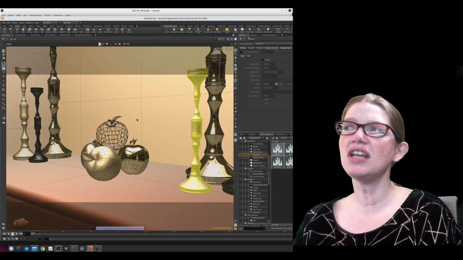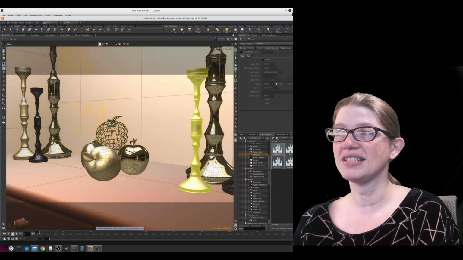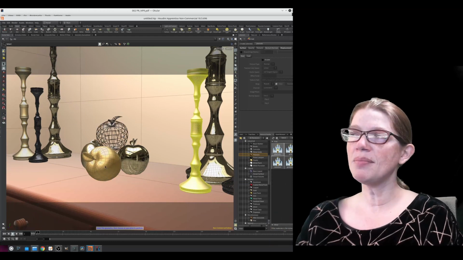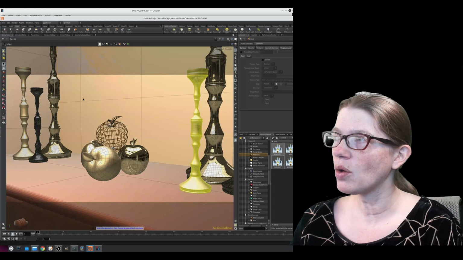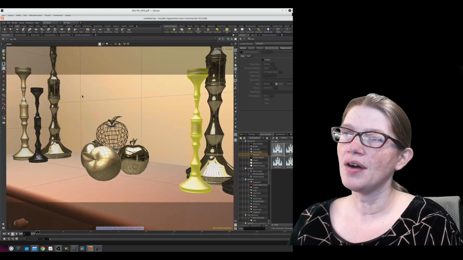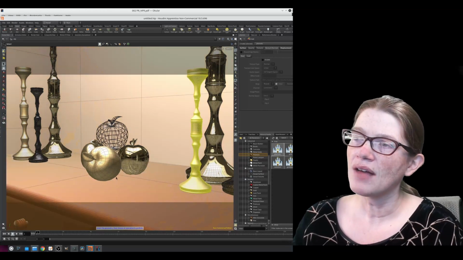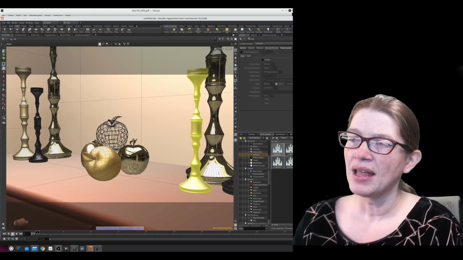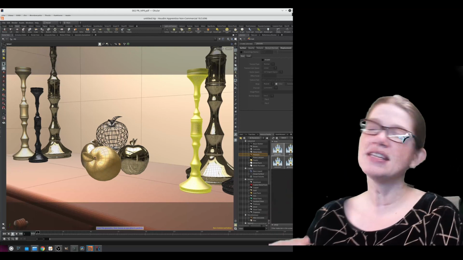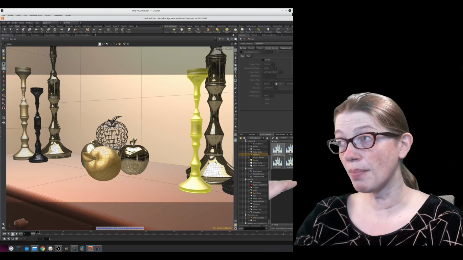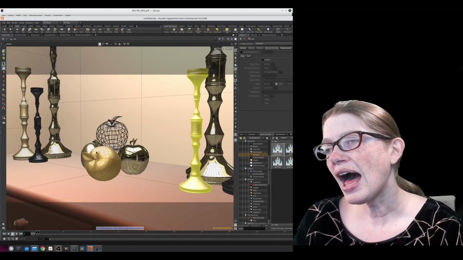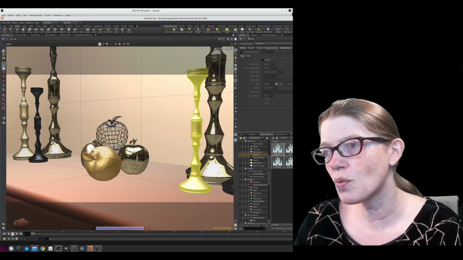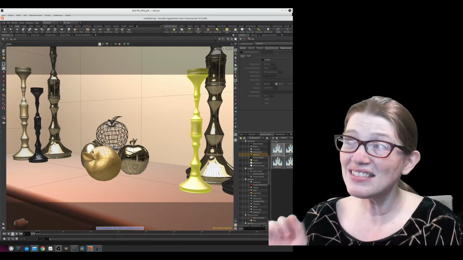How does Houdini know which of these objects in 3D space I'm actually selecting? Let me explain. I've got a back wall here and a separate back wall here. I've got these apples which are sitting in front of each other. Now this front apple is occluding pieces of the three apples that are above and behind it. How does Houdini know that when I put my mouse right here, I mean this apple and not the one behind it?